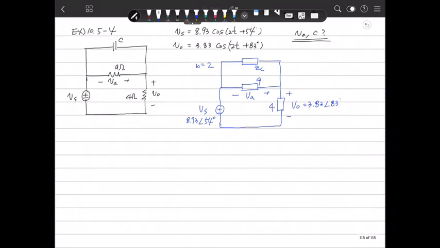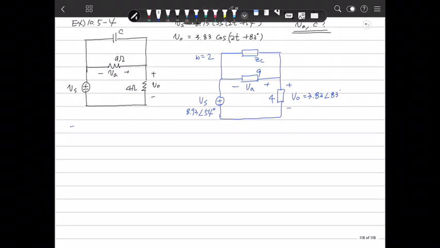Then first I want to calculate VA. Because of KVL, Vs will be minus VA plus VO.